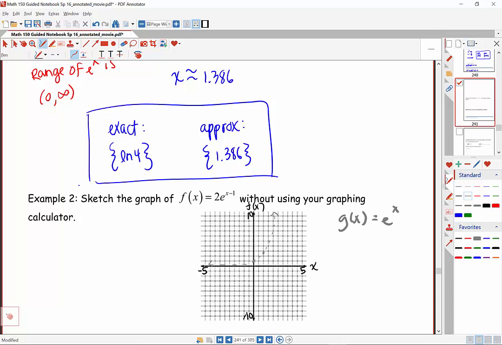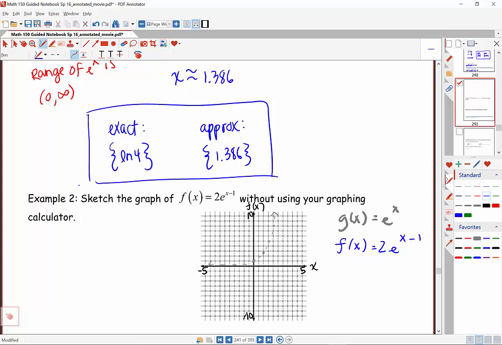Okay. So now what we need to do is shift it 1 to the right, and then double each output. So we'll do our graph in blue. Our graph f of x is going to be 2 times e raised to the x minus 1. So everything will be shifted to the right by 1.